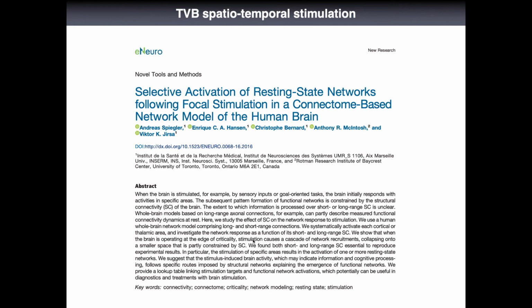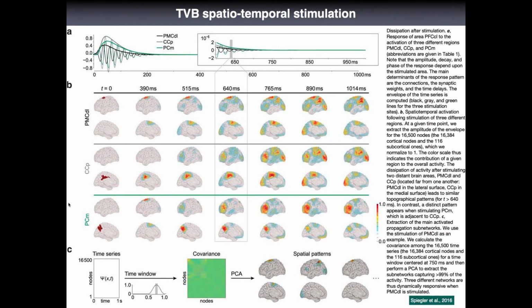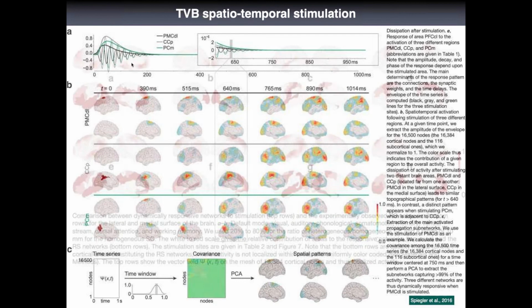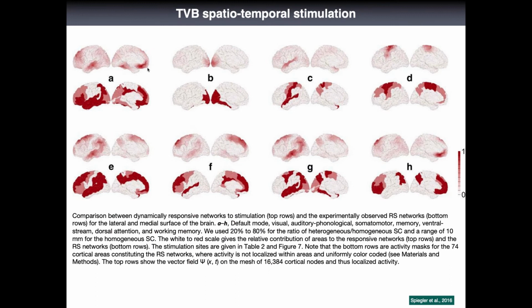It is this one by Spiegler et al. What they did was to subsequently stimulate TVB at different brain regions, allow it after a while to reach an equilibrium, and perform a principal component analysis on the resulting time series and compute correlations, and actually recover spatial patterns of the different networks that emerge when TVB is stimulated at different points in the brain.